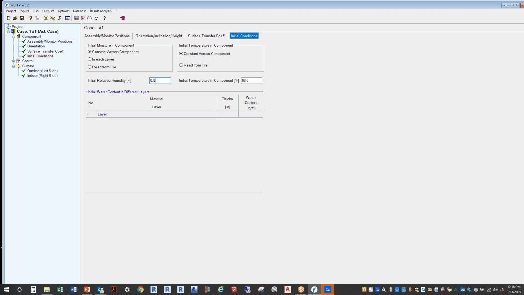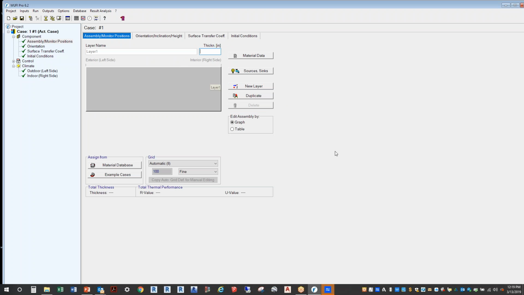Which is a lot, but you want to start out with a lot because you want to see that your wall is going to dry out. And then the initial temperature in the component, 68 degrees. That one is not important because it will change very quickly, based on what's happening with the environment. All right, so again, you really shouldn't be changing anything on these last two tabs.